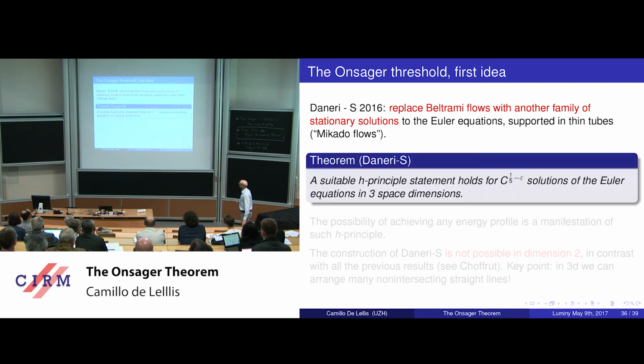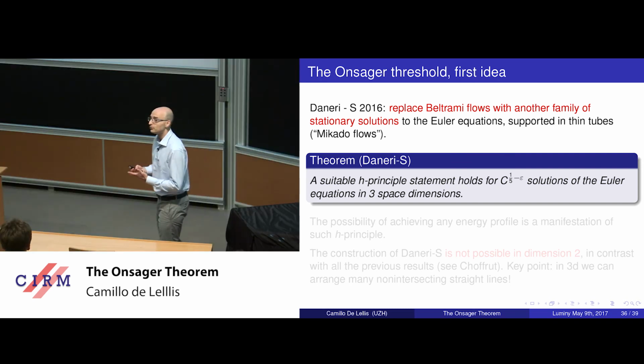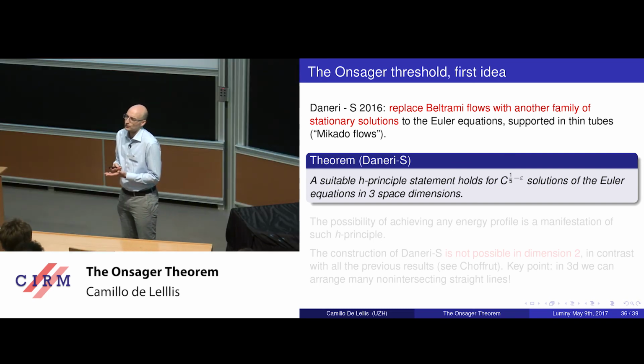And they couldn't actually improve this 1/5 minus epsilon threshold that was true at the time, but they could prove the first kind of satisfactory h-principle statement for these problems. So you remember these h-principle statements tell you if you have a suitable notion of subsolution nearby, you find a weak solution.